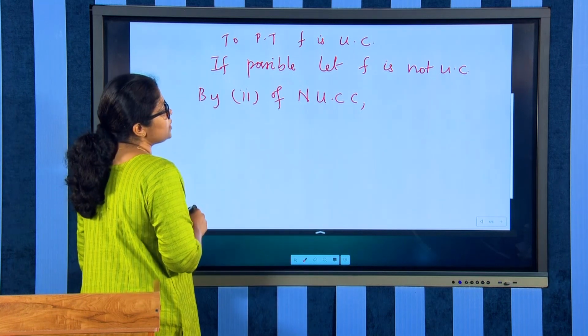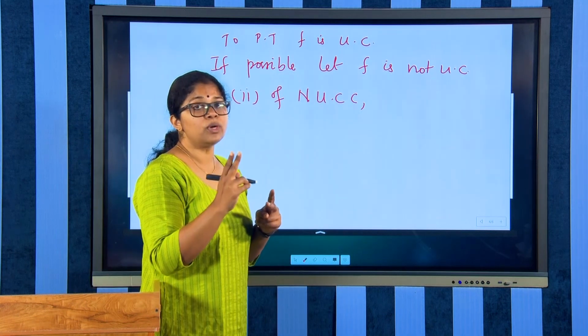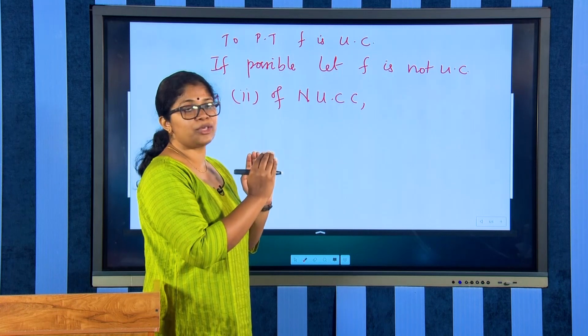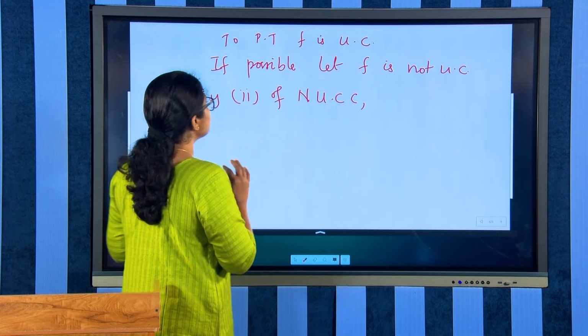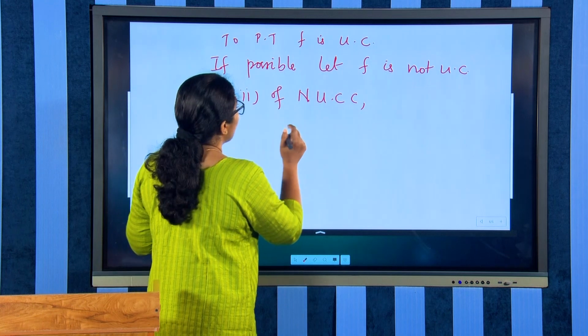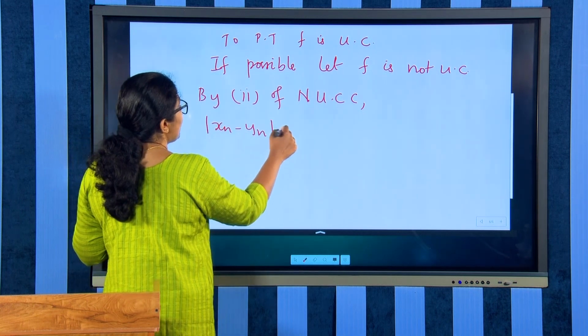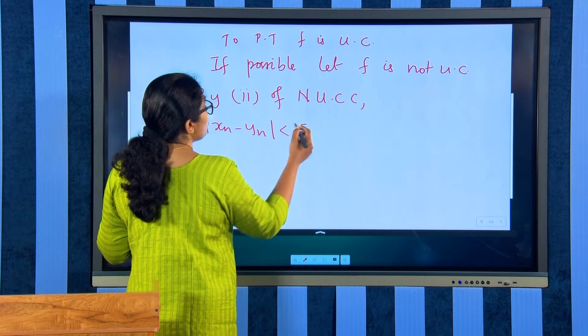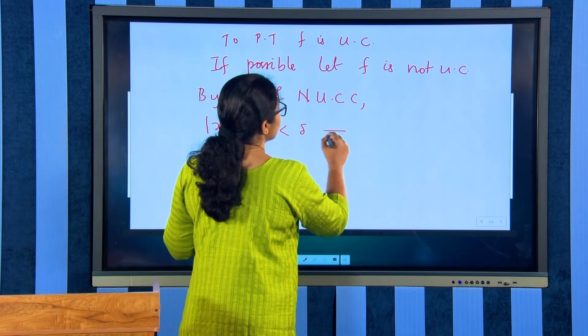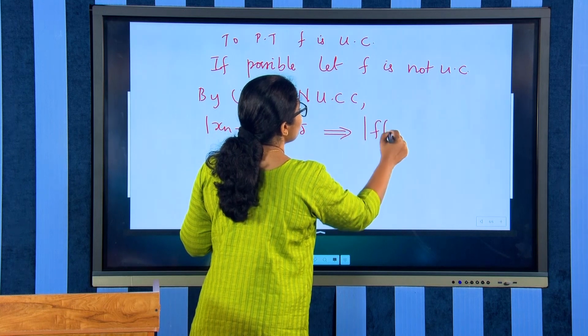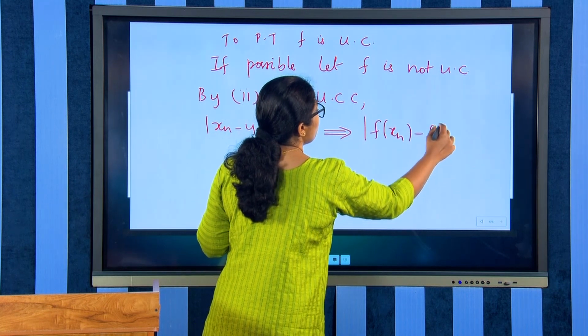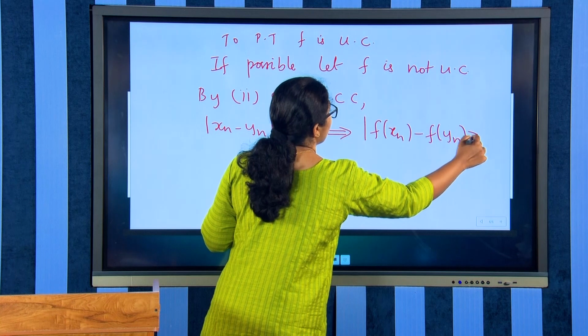that we have seen just now, there exist two sequences xn and yn such that whenever modulus of xn minus yn is less than say delta or 1 by n or whatever it be, this forces f of xn minus f of yn to be greater than epsilon naught.